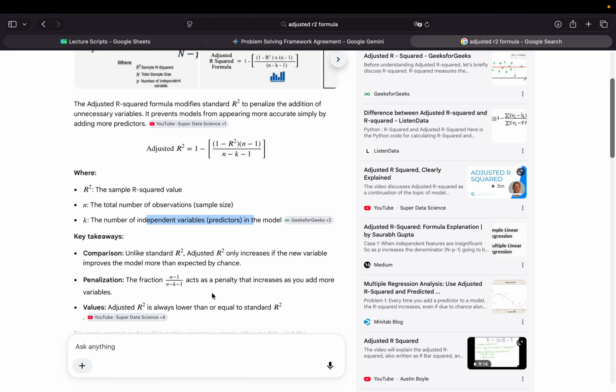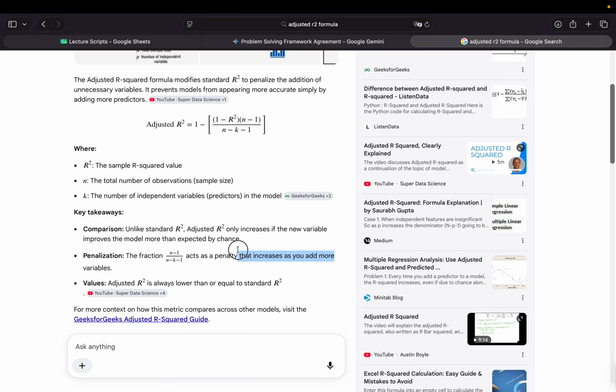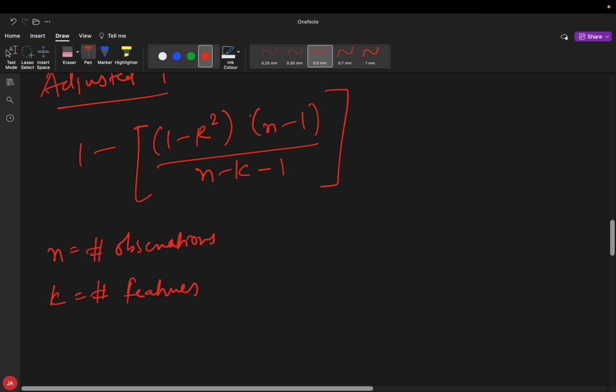So if you compare, the fraction (n minus 1) upon (n minus k minus 1) acts as a penalty that increases as you add more variables. So if you neglect this term, 1 minus (1 minus r square), this is the r square formula, right?